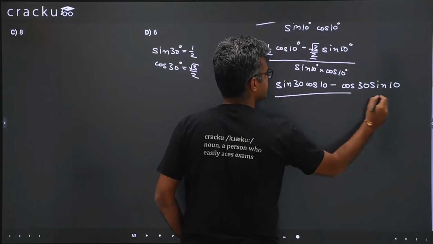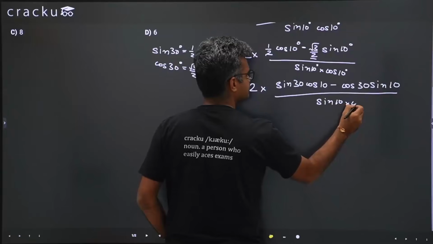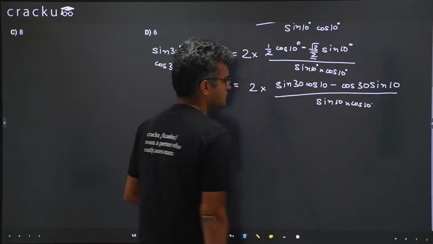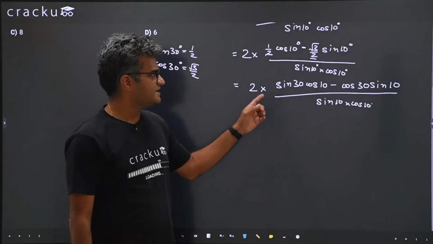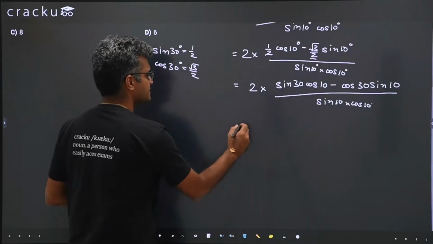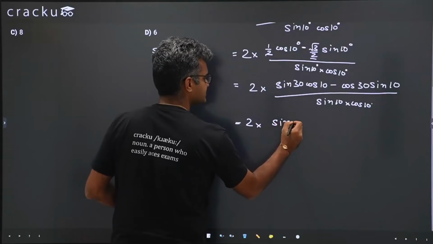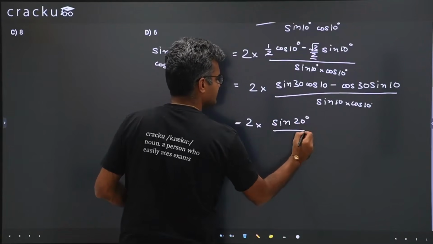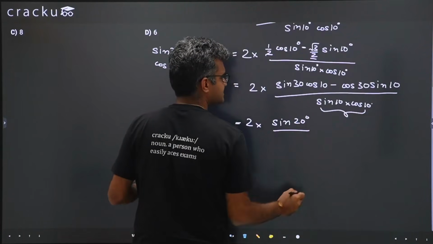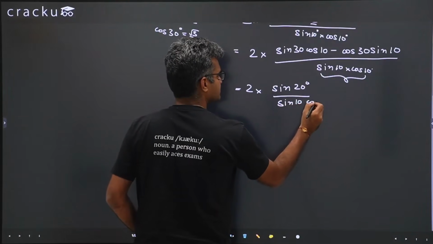Divide this entire equation by sin 10 into cos 10. Now the numerator is of the form sin A cos B minus cos A sin B. So that is sin of A minus B. So this is equal to 2 times sin of 20 degrees divided by this denominator, sin 10 into cos 10.